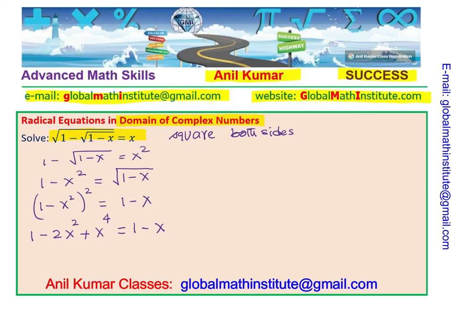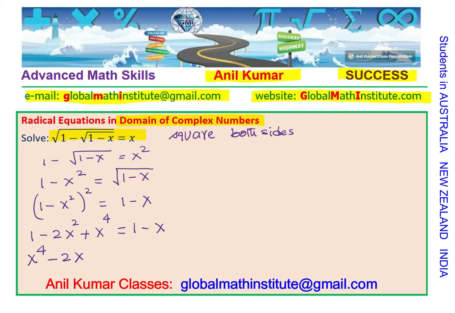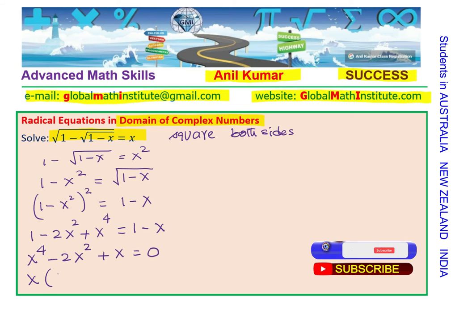Now we can bring them all together and rearrange. So we get x to the power of 4 minus 2x squared plus x equals 0. The 1 and 1 cancel. Now here we can factor out x, getting our first solution. You see that?